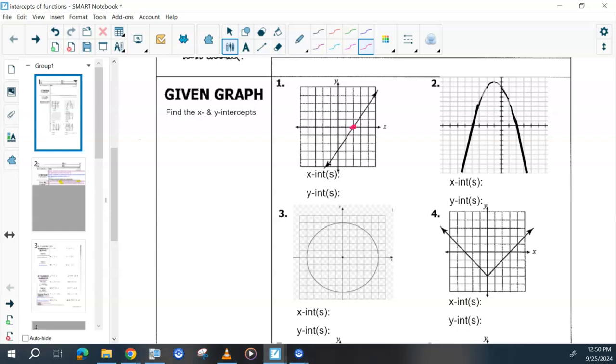So I would write that in parentheses, (2, 0). Then, where does this line cross the y-axis? -3. So we would write that (0, -3). Questions so far?